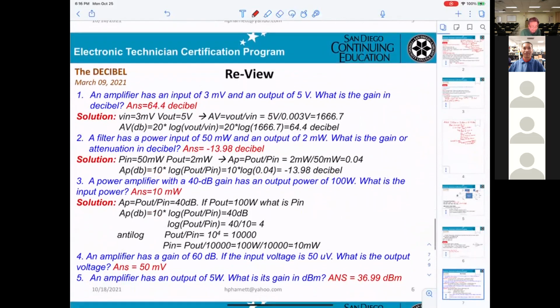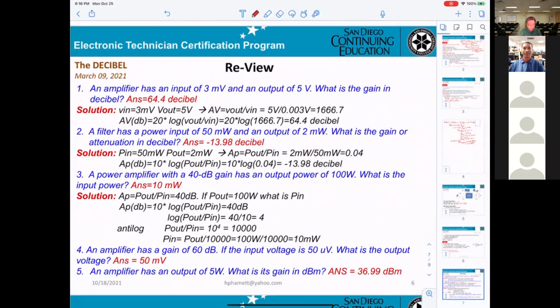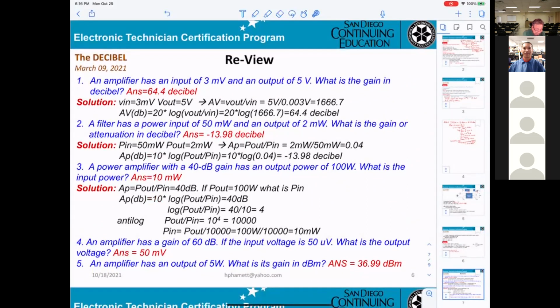Okay, now go to the review. I already gave you the solution, and you have to go through it. If you have a question, let me know. Number 1: an amplifier has an input of 3 millivolt and an output of 5 volt. What is the gain in decibels? The answer will be 64.4, and this is the solution for how to get 64.4. Try to see if you can get number 1 done.